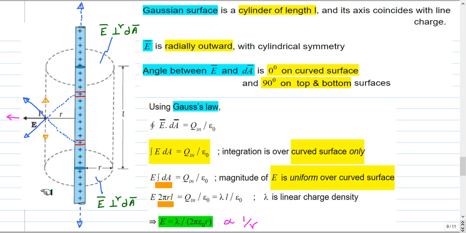And this entire line charge can be covered by taking pairs of elements like this. The next pair can be chosen here, one element here and one element here. By choosing elements like this, we can cover this entire line, and all these pairs will have electric field only in the radial direction. So the electric field due to this entire infinite line charge is only in the radial direction, and this is true for any point.